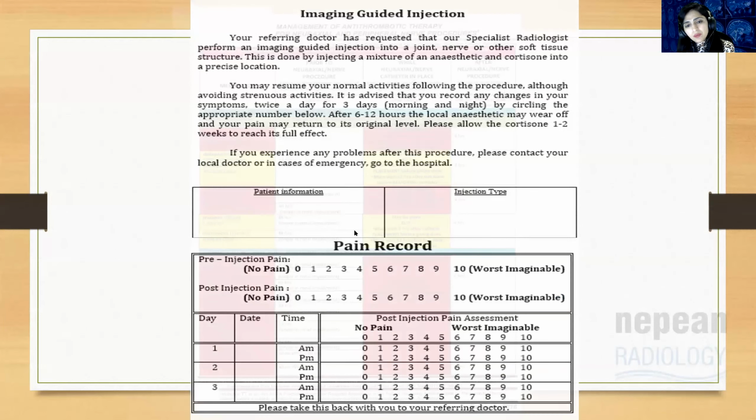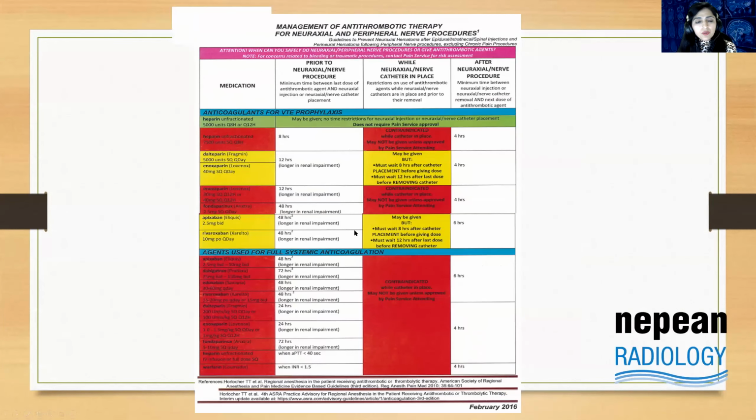These are the guidelines we use for patients who are on anticoagulants, because there are different types of anticoagulants, and the time interval for which they have to stop them is different. So these are our guidelines, and we have to follow them.